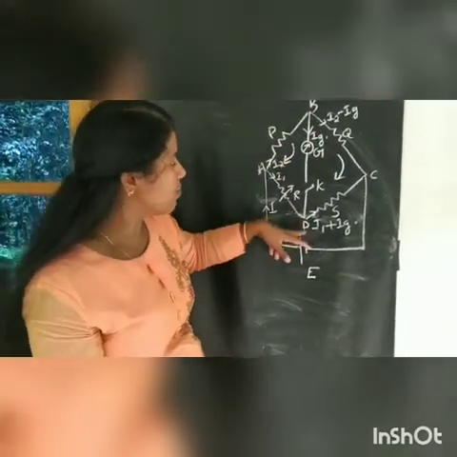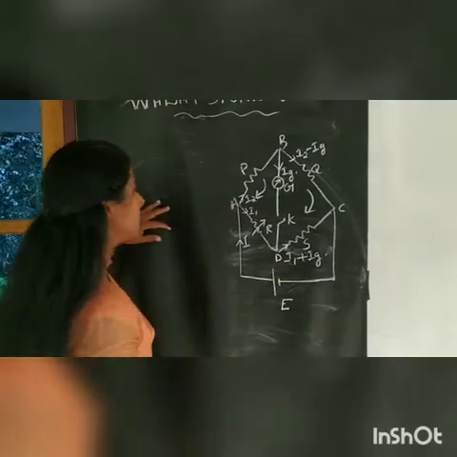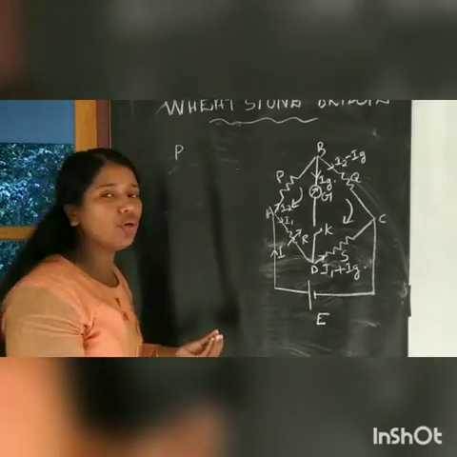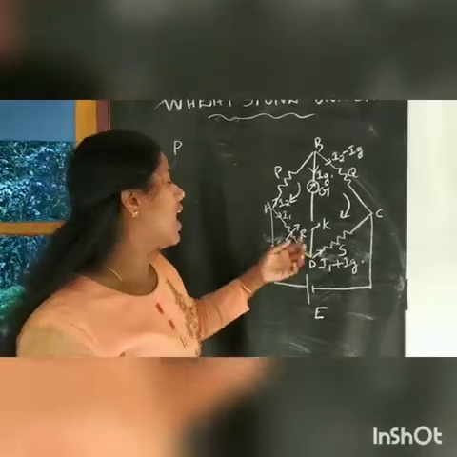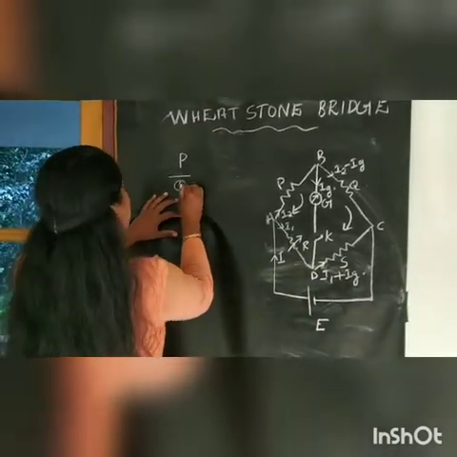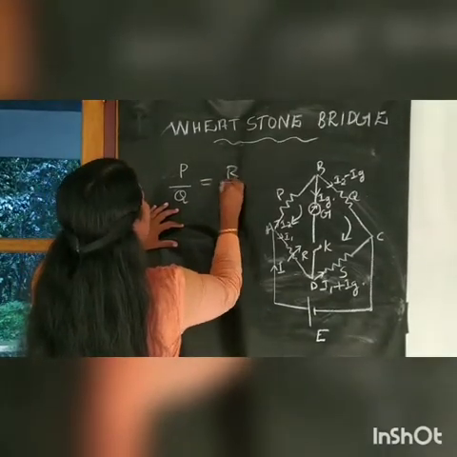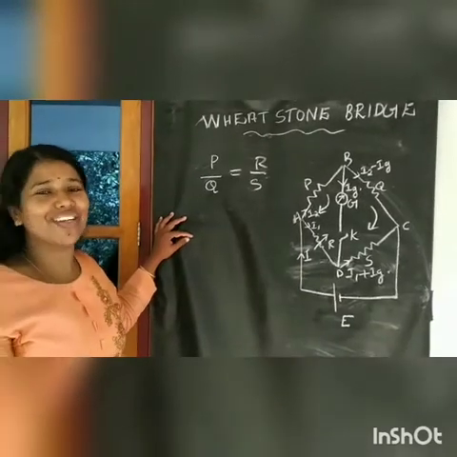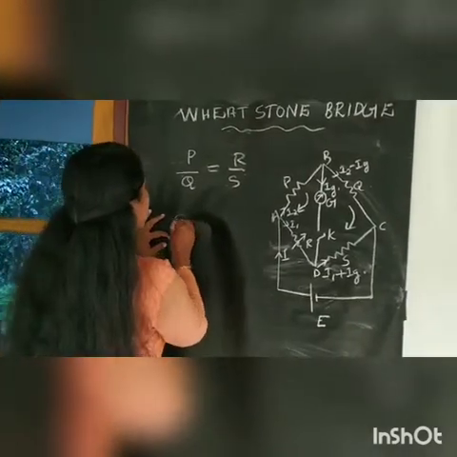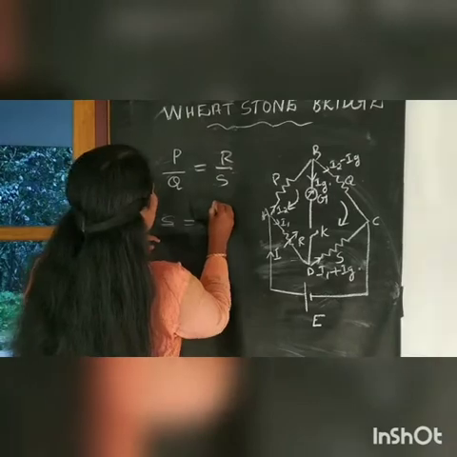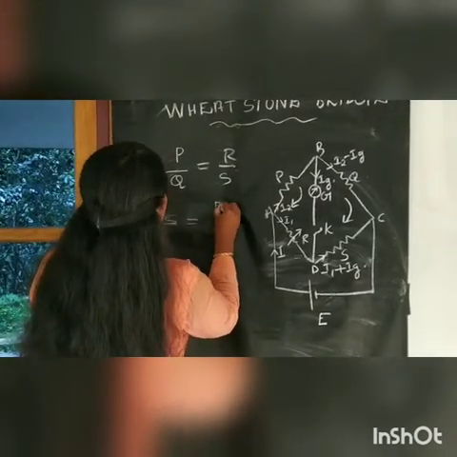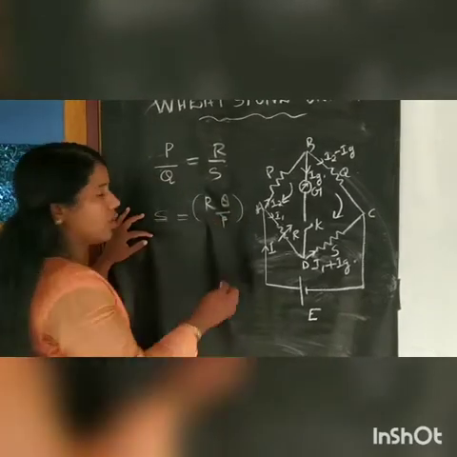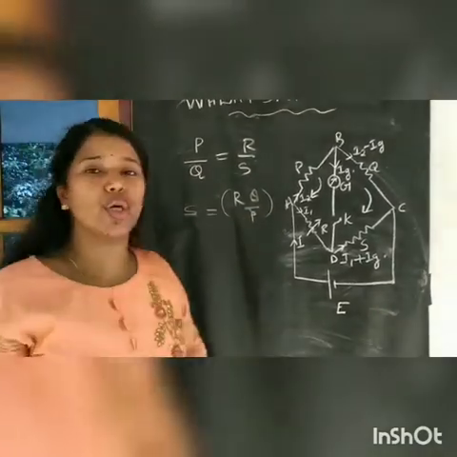Then we can write the ratio of P and Q equal to the ratio of R and S. The condition is P by Q is equal to R by S. From this equation, we can calculate the unknown resistor: S is equal to R into Q by P.